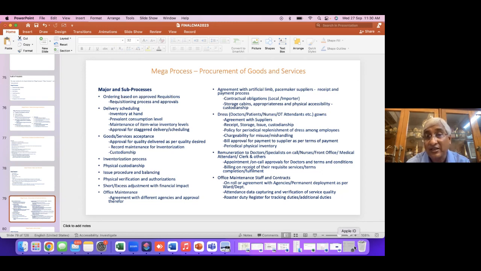The storage space again is a big issue for any hospital. The area should not be damp. The area should be properly maintained so that the medicine quality can be maintained. Because if there are, say, white ants, white ants can destroy the outer cover of the medicines also.